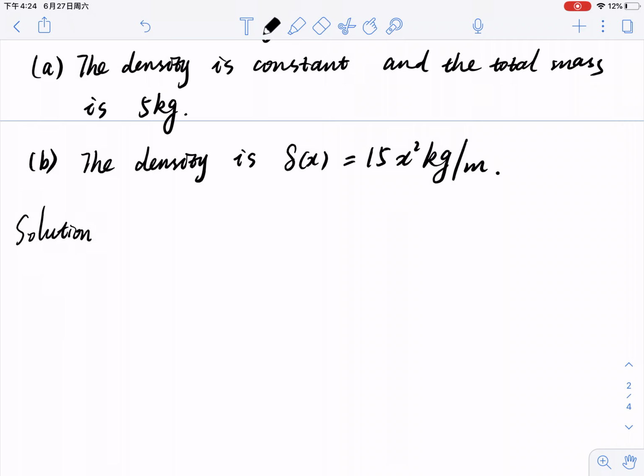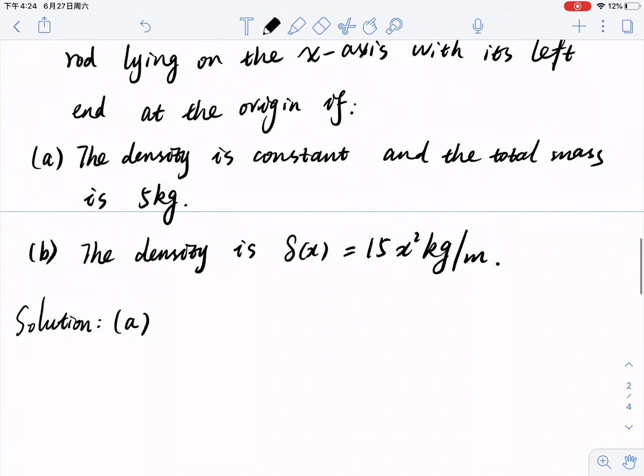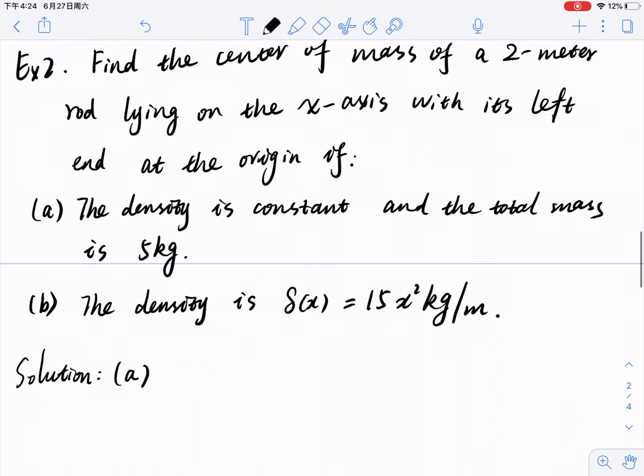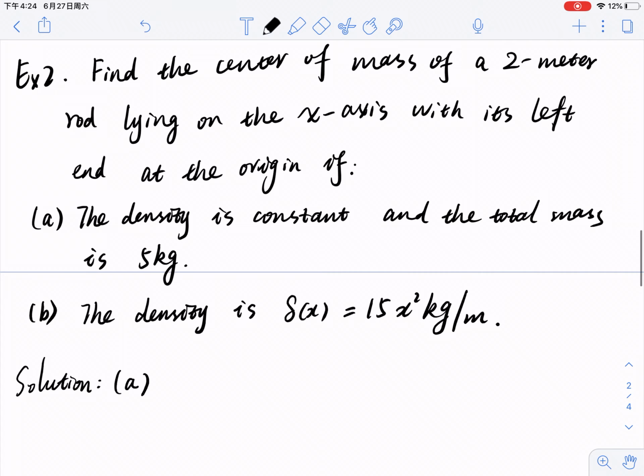First look at question A. The density is constant and the mass is 5 kg. We want to find the center of mass of a 2-meter rod. Since the density is constant along the rod, we expect the balance point to be in the middle, that is x bar is 1. Next we will check this.